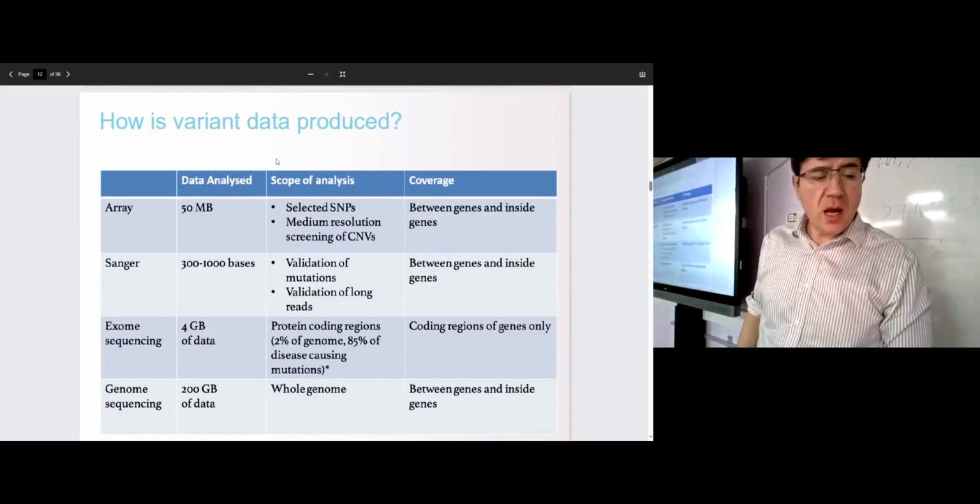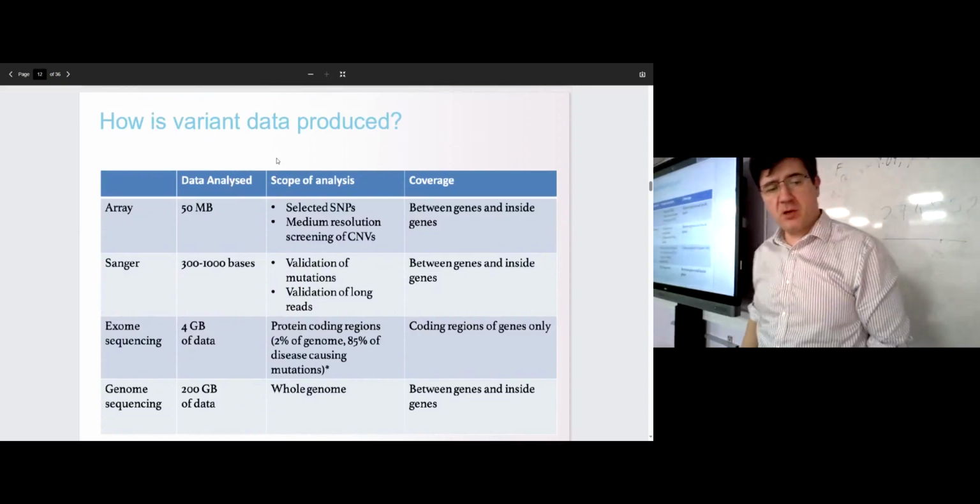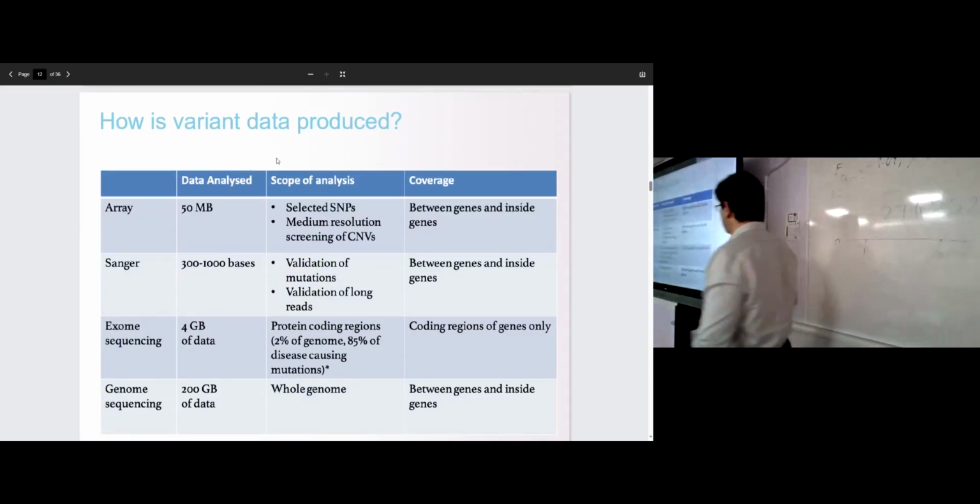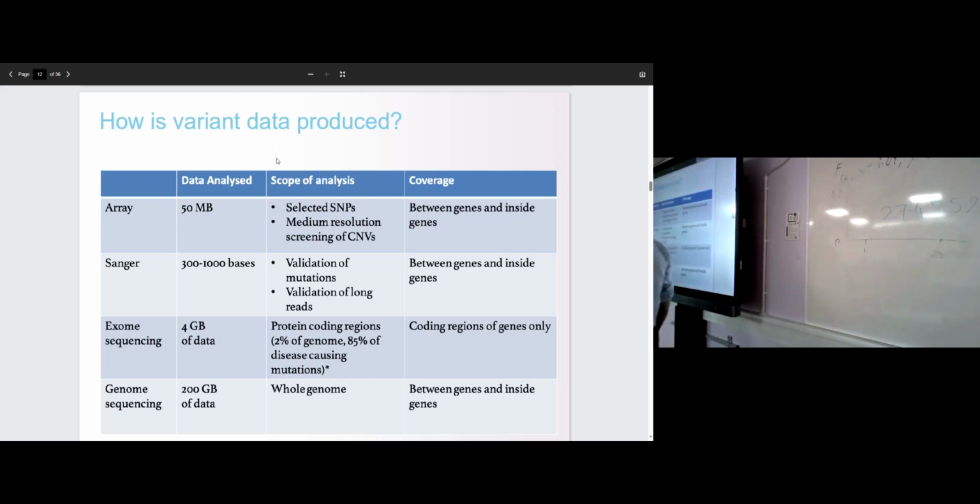But how are these variant data produced? There are different technologies with which we can generate genomic data from a patient. We can have array data, which basically consists of 1 million SNPs that are tested at specific positions.